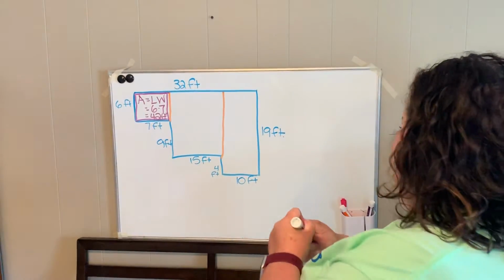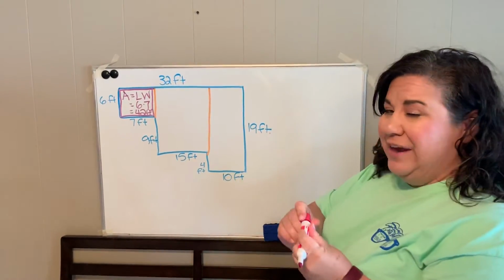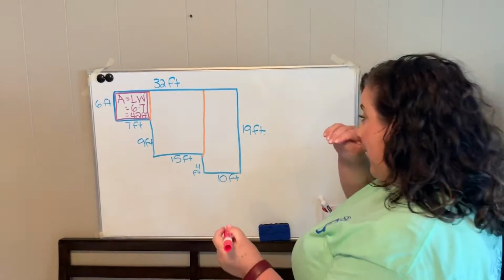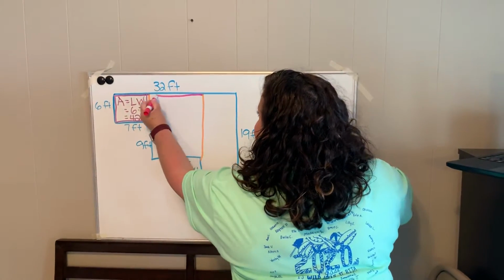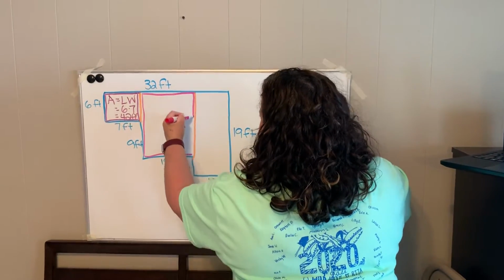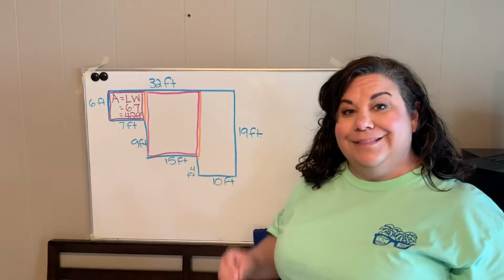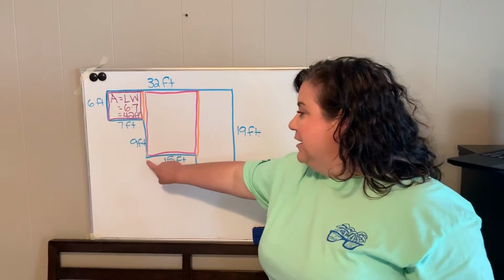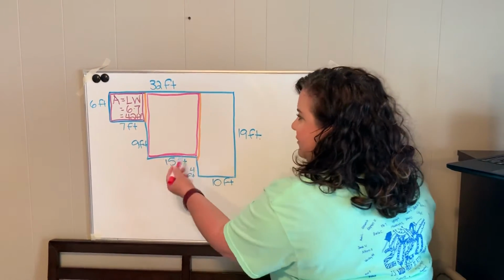Well, let's go ahead and get a different color and let's take a look at this one. Now, this one's going to be a little bit more complicated because of finding one of the lengths. Now I'm going to outline this one in pink. It might look kind of the same, but it is pink. All right, now, remember, I need a length and a width. So if I look here, I can tell that I have one of my measures. That's 15.